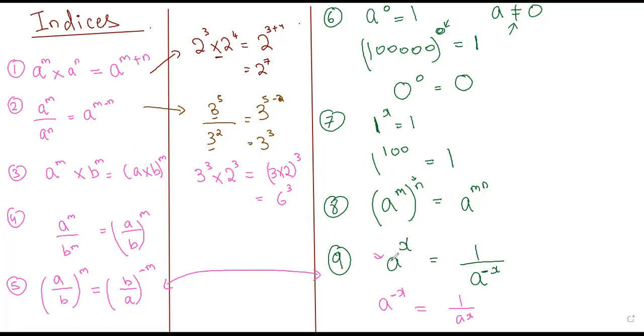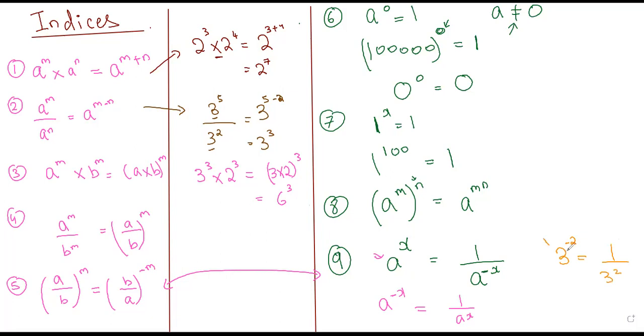Whenever you change or move a number from numerator to denominator or denominator to numerator, its power is multiplied by minus 1. Let's talk about some examples over here. Let's say we have 3 to the power minus 2. It is equal to 1 over 3 square.